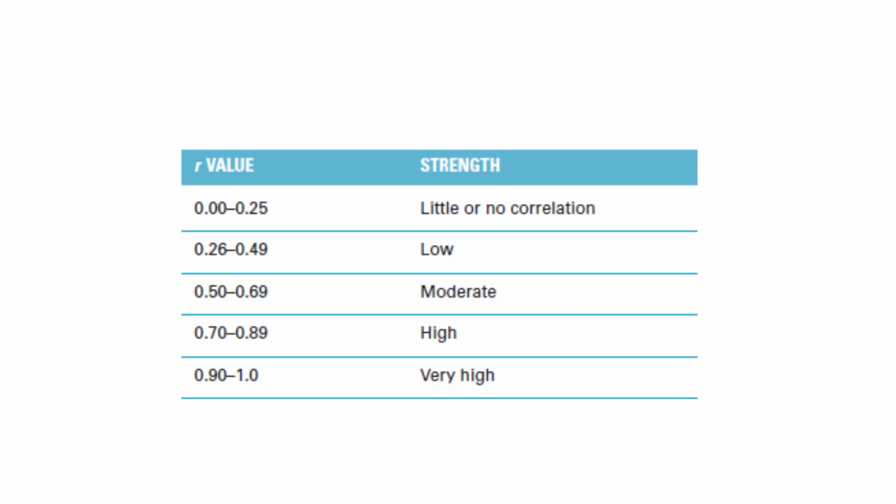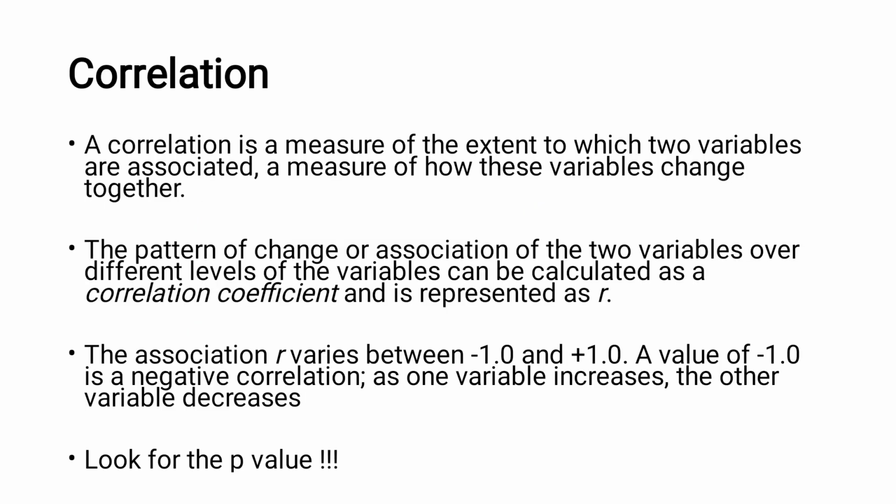The value ranges from 0.0 to 1. 0.0 to 0.25 shows that two variables have little or no relationship, 0.26 to 0.49 means two variables have low association regarding the change, 0.5 to 0.69 has moderate correlation, 0.70 to 0.89 has high relationship between two variables or high association, 0.90 to 1 shows very high correlation between the two variables.